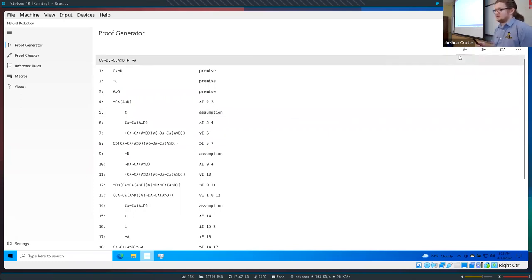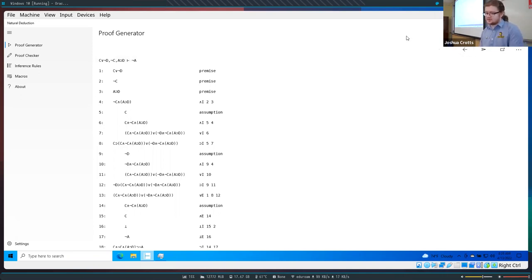We'll come back to this particular application in a minute because we observed very unwieldy proofs with this system. Not entirely sure why. It was very inconsistent.